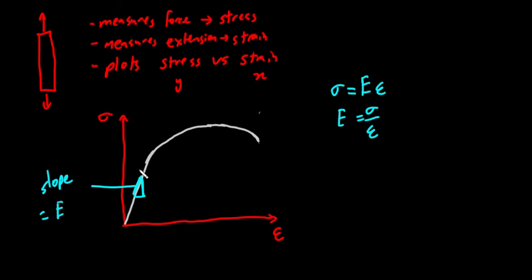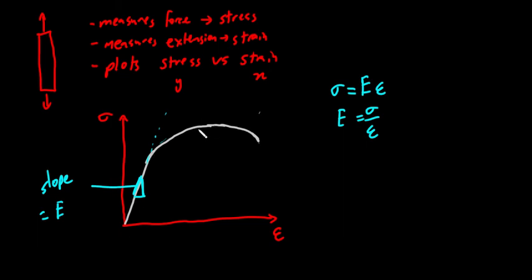Then you're going to hit a point, well, not exactly a point, but where it starts deviating away from being a straight line. Now we have to decide a point where we can say, okay, from here it's not really elastic anymore, and it starts becoming more plastic. So the straight line region is definitely elastic.